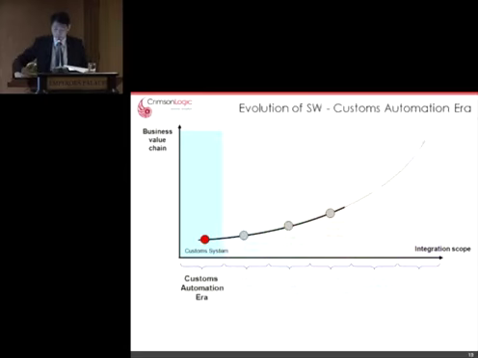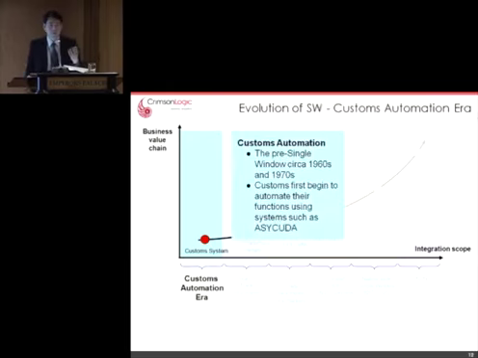Okay, for customs automation, basically this started in the 60s and 70s, where customs changed their process from paper-based into electronic-based. So systems such as Asycuda were implemented. Okay, so that is the very first step of moving towards the modern single window.